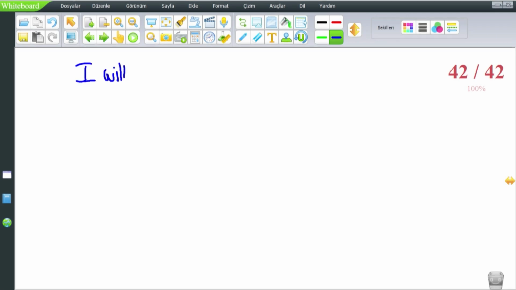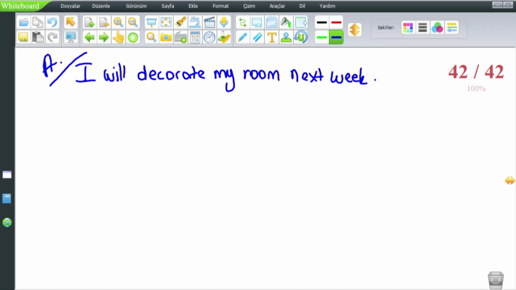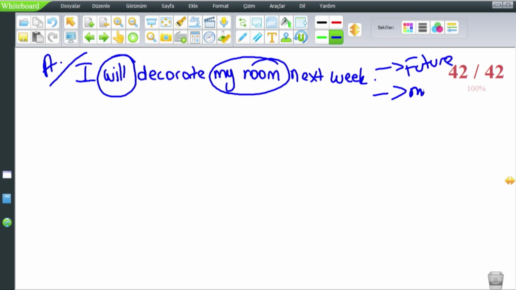I will decorate my room next week. This is an active sentence. Looking at my tense and my object, I can see that this is future, and my object is my room.